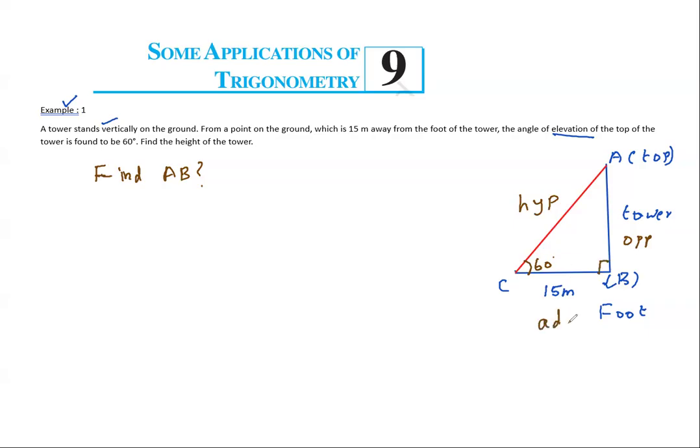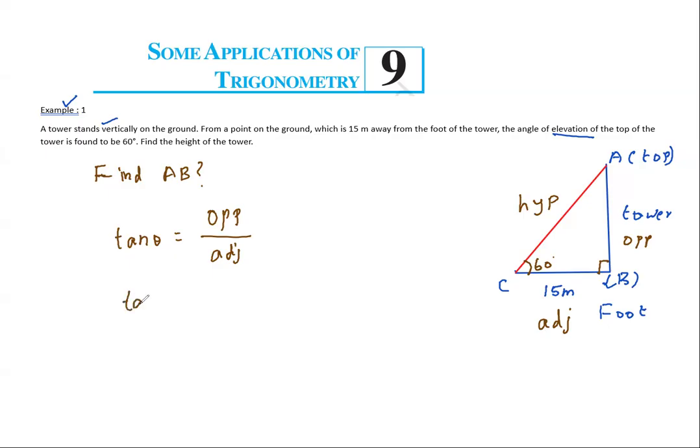BC is called the adjacent side. Now what do I need? I need the AB value. What do I know? I know the adjacent value. So I have to connect opposite and adjacent. Which trigonometric ratio connects opposite and adjacent? Obviously tan theta. Tan theta is equal to opposite by adjacent.